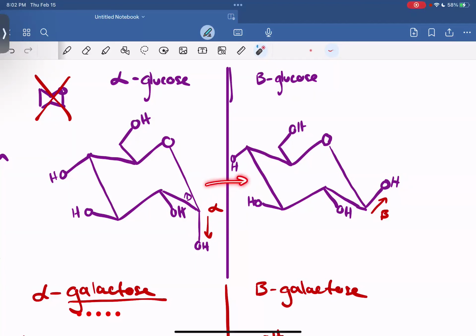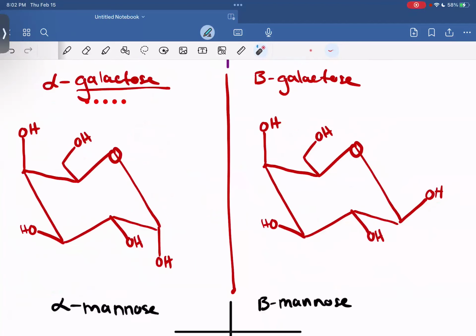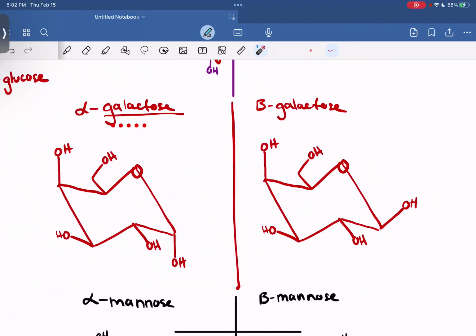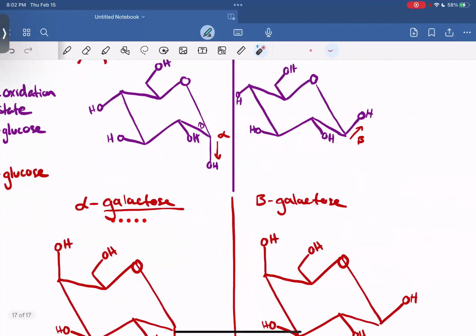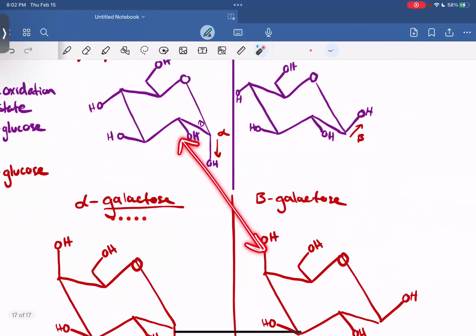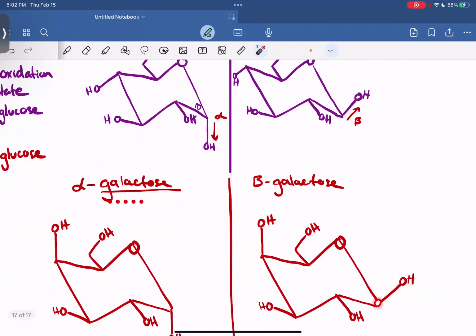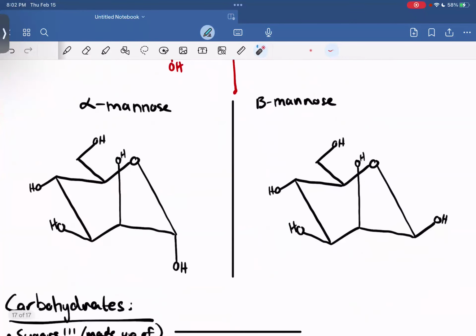That means these are diastereomers from each other. Here we have alpha and beta glucose, again, diastereomers because just one stereocenter changed. If we were to compare these guys, right, we have one stereocenter that's different, and 2. So one, some, but not all. So some of the stereocenters are changed. So all these are diastereomers of each other. Okay.